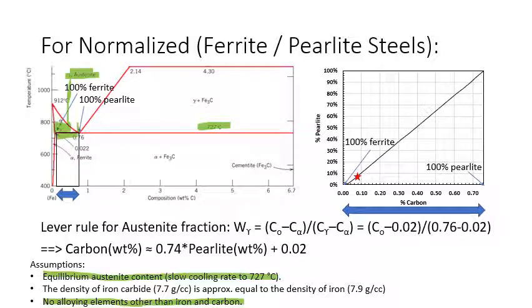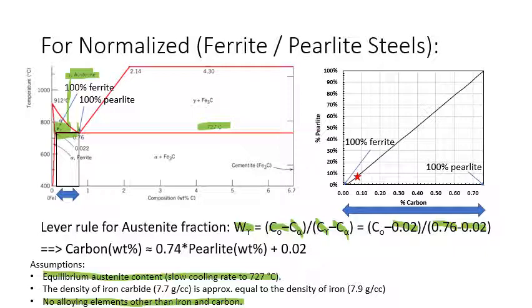Basically, the weight fraction of austenite is the nominal composition minus the carbon composition of the ferrite, divided by the difference between the carbon composition of the austenite and the ferrite. And we know the carbon composition of the ferrite and of the austenite. So we can solve that equation to determine what the amount of austenite is going to be.